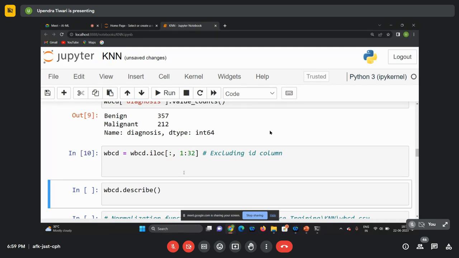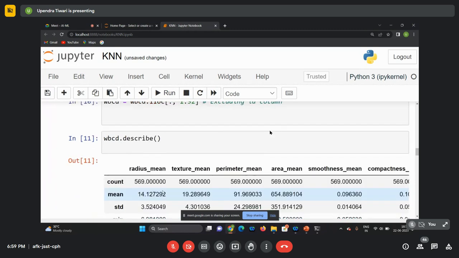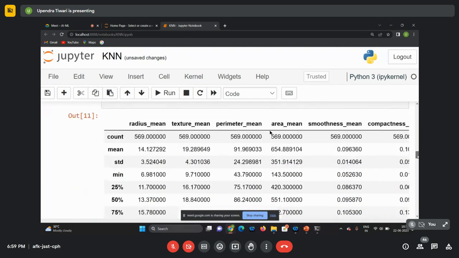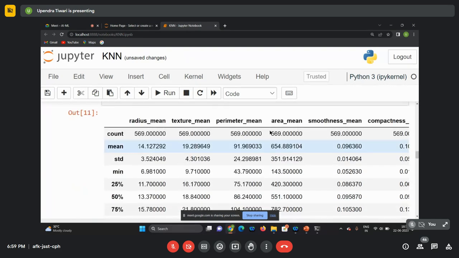Now, second thing, if I describe my data, you find out that there's a scaling issue. You see, the mean of the radius is 14.12, the mean of the texture is 19.28, but here it is 654.